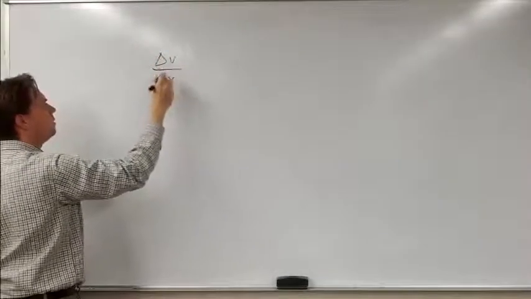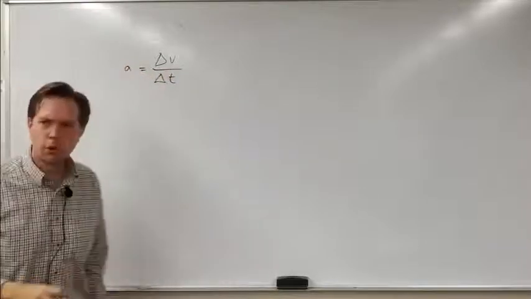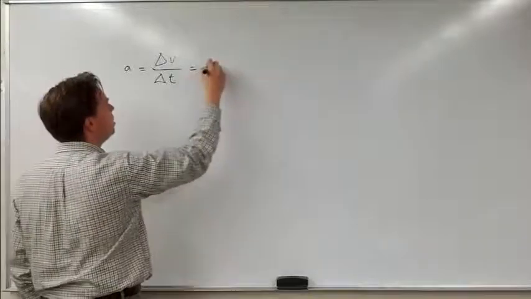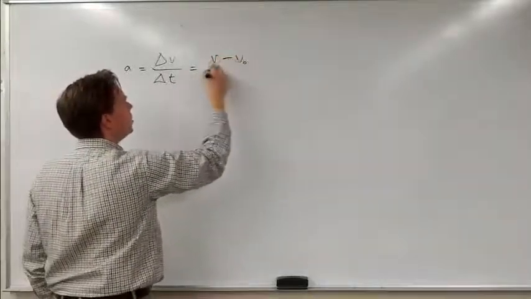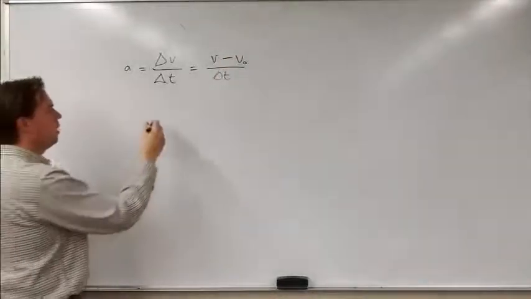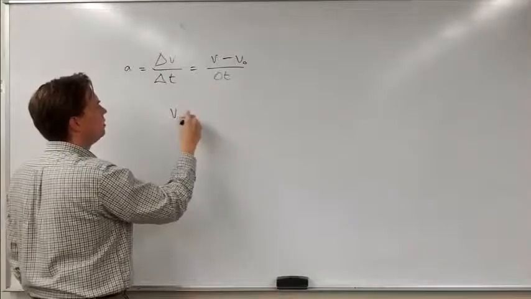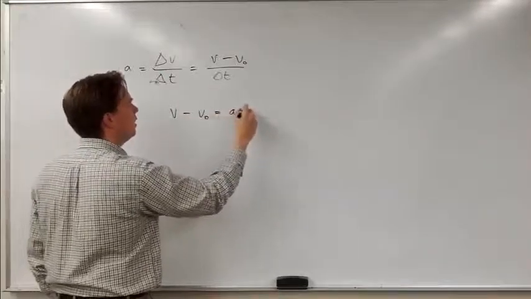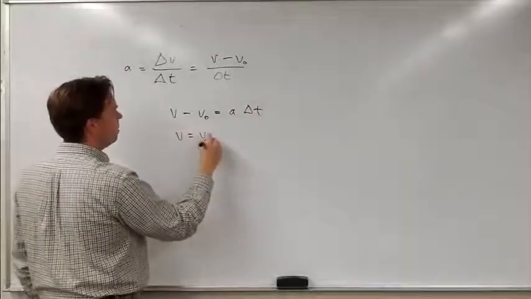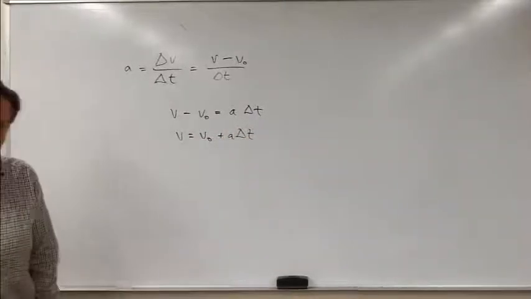Okay. Oh, sorry. So this is the formula for acceleration. Acceleration is change in velocity over time, which is final minus initial over change in time. Or I can rewrite this in the same way and say v minus v0 equals a times delta t, or v equals v0 plus a delta t.